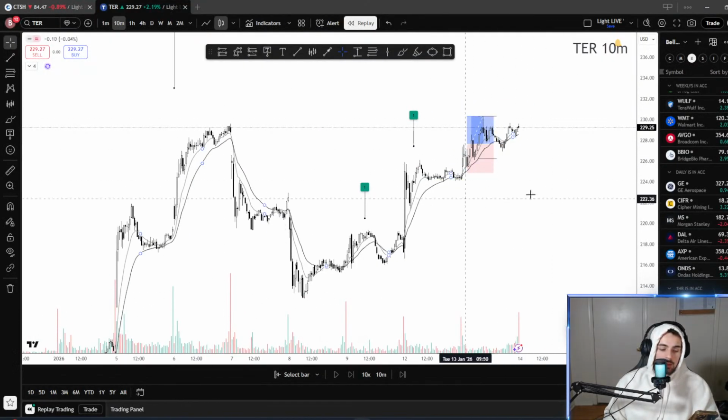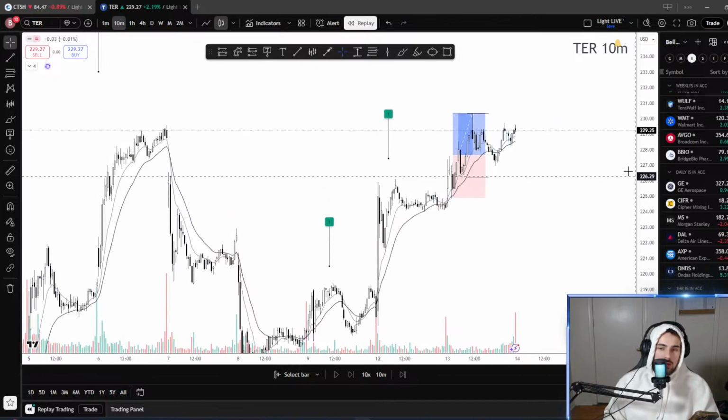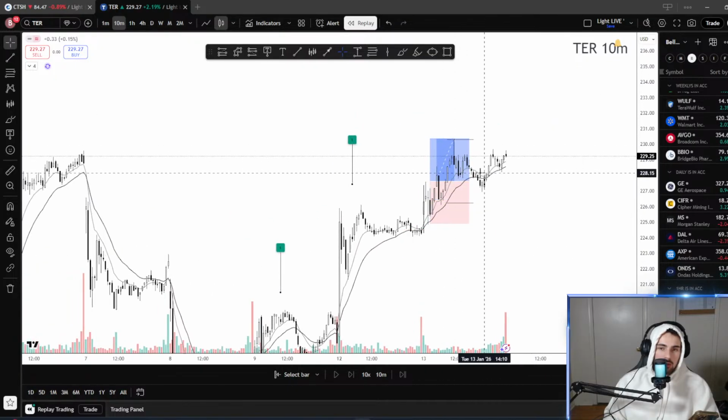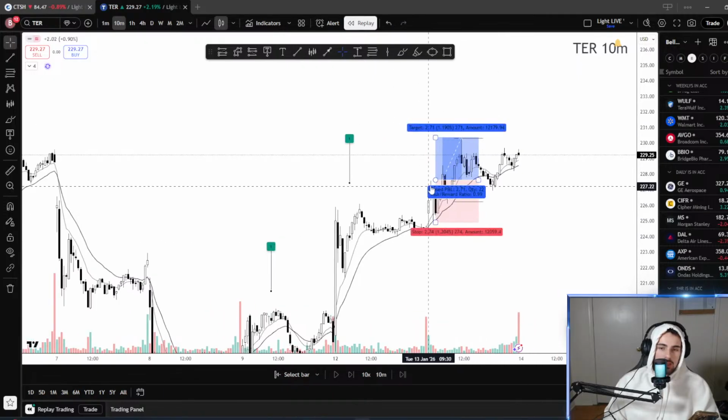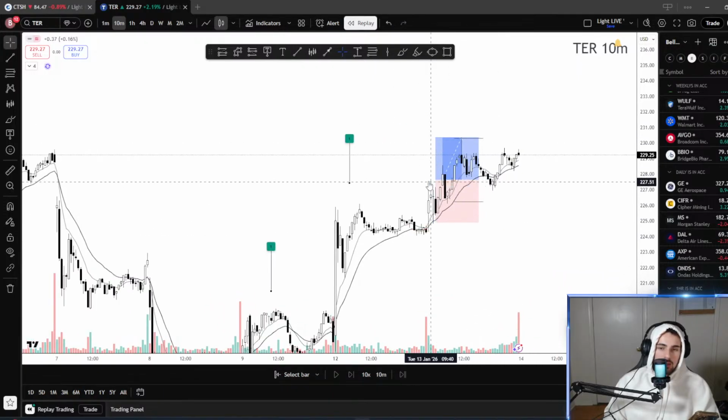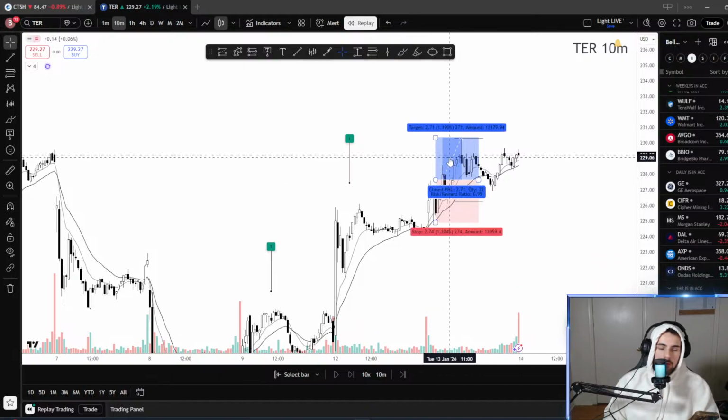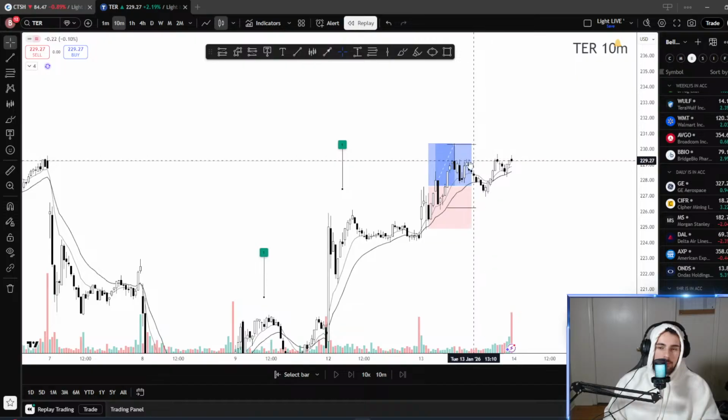Come chill on the charts. This was a break even that actually ended up being a winner. It didn't meet my rules at all. When I placed this trade in Webull, the entry was through this high. But for some reason, when you enter in Webull, it automatically sets a take profit level, and I forgot to change it.